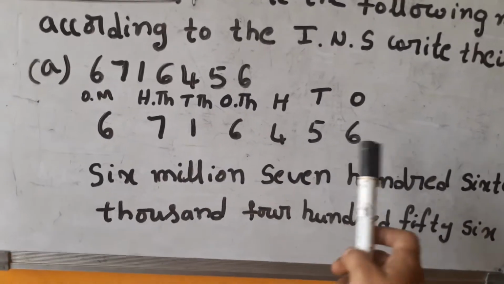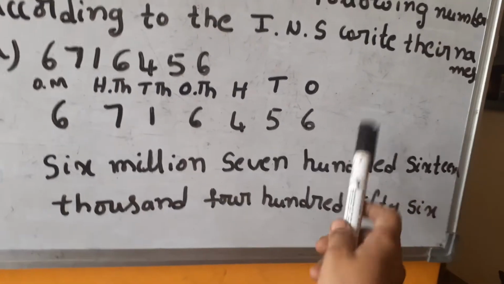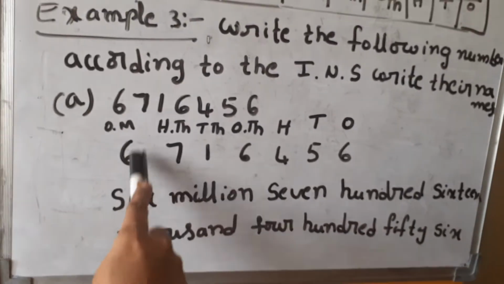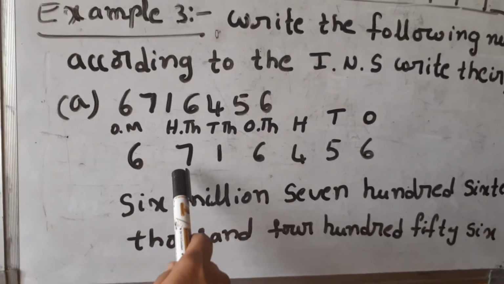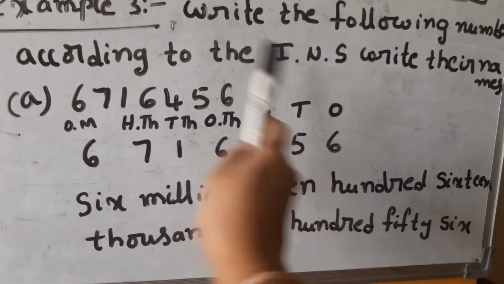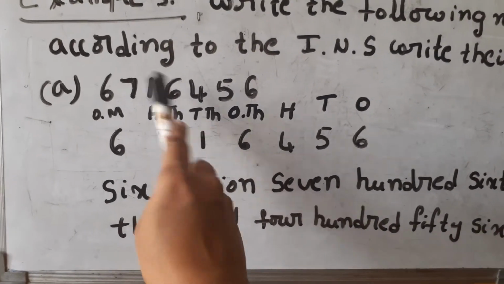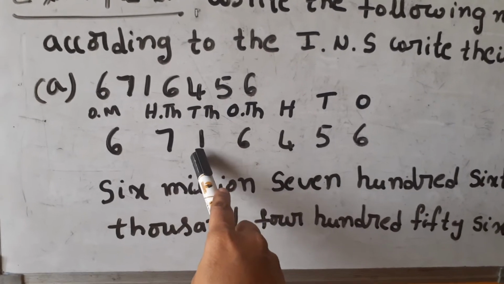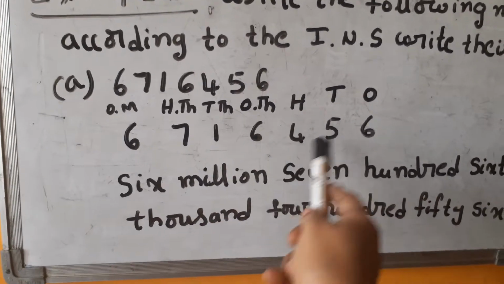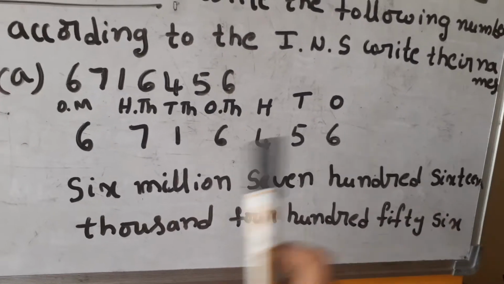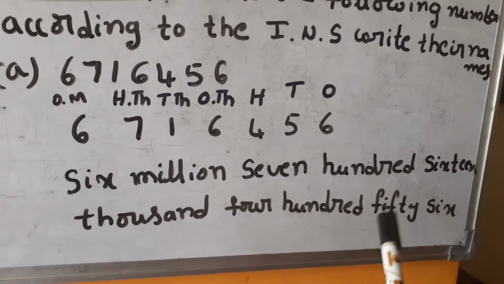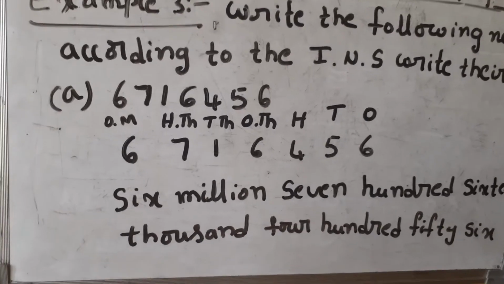Now we can write easily: 6 is in the millions place, that's why 6 million. Next 716,000, then 456. So it is 6,716,456. Students, understood this one?